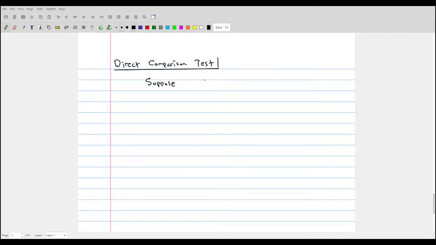It says that suppose that the sum of some series ak from k equals 0 to infinity could be possibly complicated. It could be very, very complicated. And usually it is when we're forced to use one of these comparison tests.